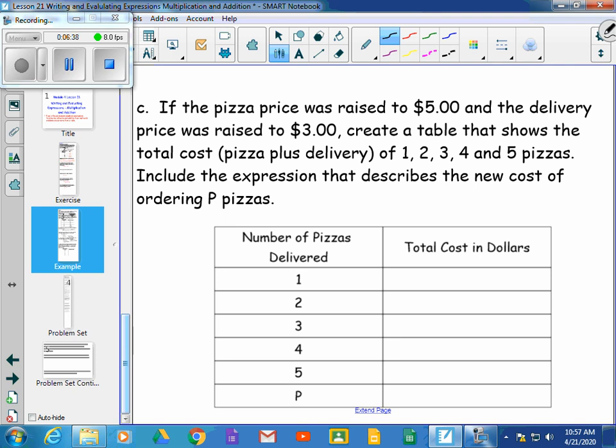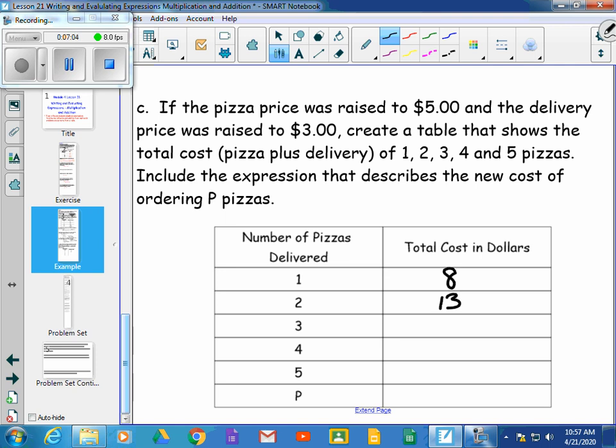Well, if we had 1 pizza, we would take $5 times that 1 pizza, that's 5 times 1, and then we would add 3 on for the delivery charge. It would cost $8. 2 pizzas is 5 times 2, that's 10, and then add 3 on for a total charge of $13. 3 pizzas would be 5 times 3, 15.